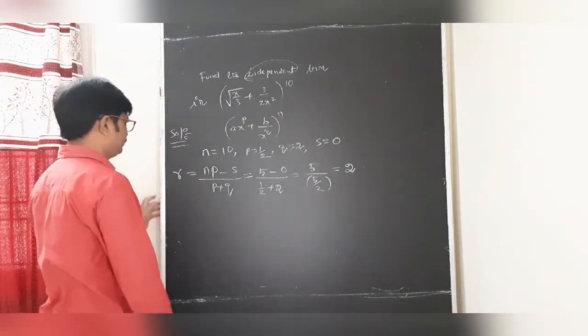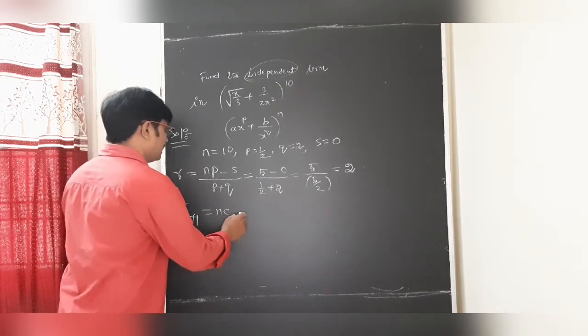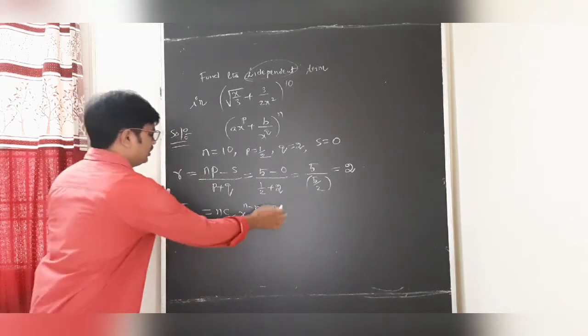Now the independent term is written as T(r+1) equals nCr x to the power n minus r, y to the power r. This is the formula.